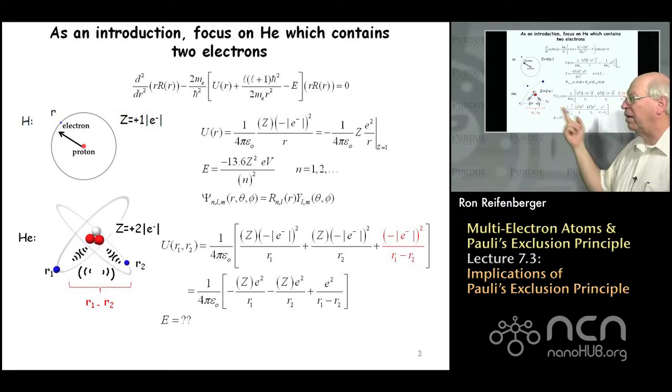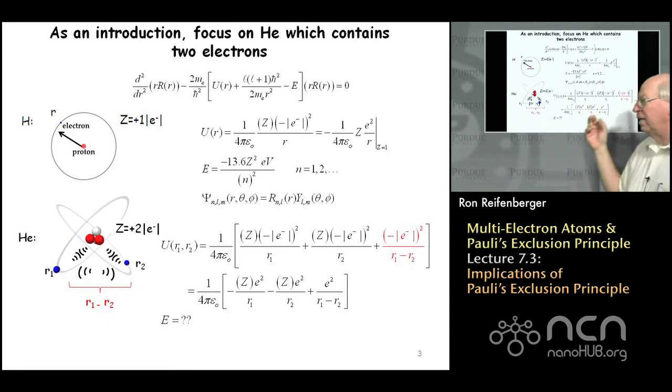If we try to write the interaction potential energy term that's appropriate for this system, we find there's an electrostatic interaction between an electron and the nucleus. One electron's position is designated by the parameter R1. The other electron's position is designated by the parameter R2.